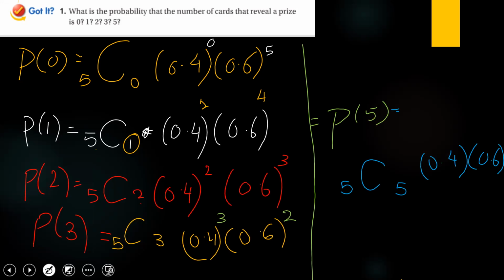Now here 0.4 raised to the power 5, and 0.6 raised to the power 5 minus 5, which is 0. So here we have the probability of 0, 1, 2, 3, and 5.